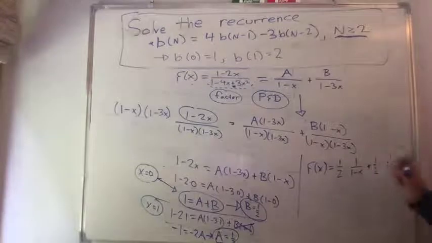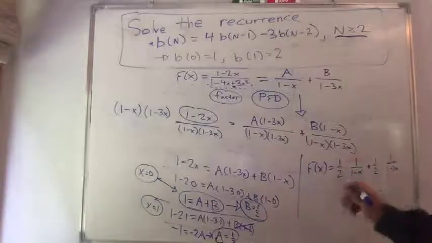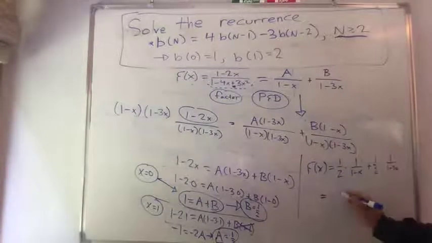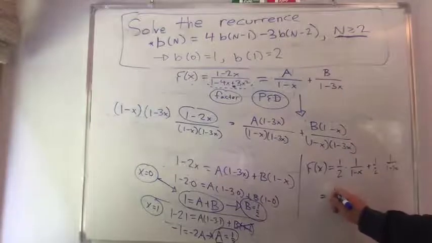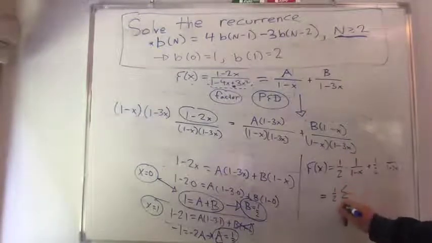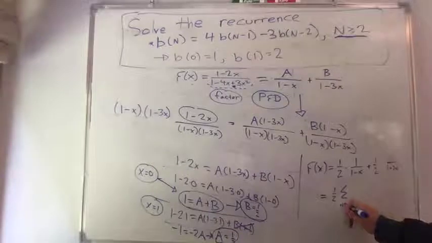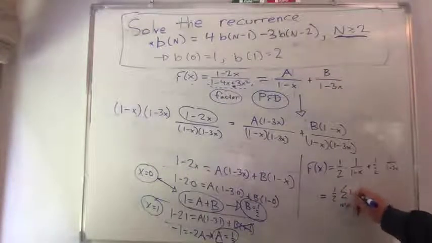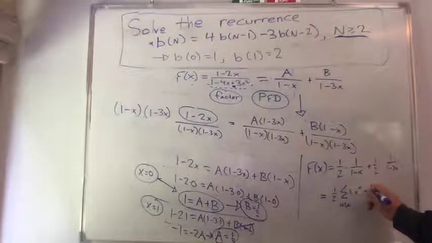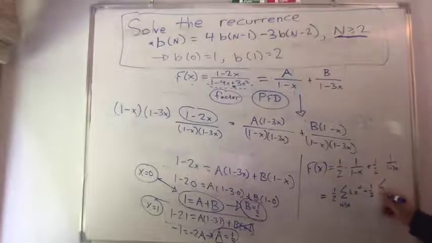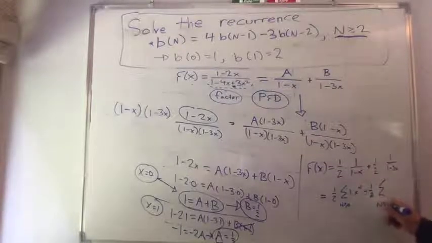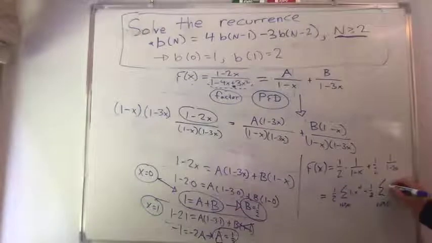We know what these are, right? We know that these are equal to 1/2 times the sum over n greater than or equal to 0 of 1 times x to the n, plus 1/2 times the sum over n greater than or equal to 0 of 3 to the n times x to the n.